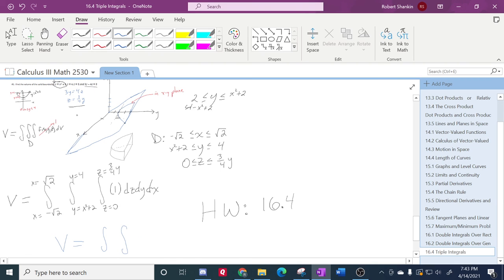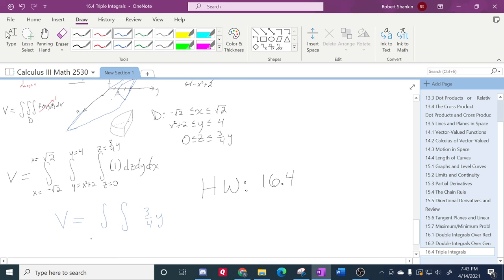That plane was z equals 3/4 y. And then we would take our x and our y, and if we just used these, could that have done it? I think so. Because when we integrate 1 and then evaluate it at 3/4 y, that's what we get anyways. So it's just like skipping a step, I guess.